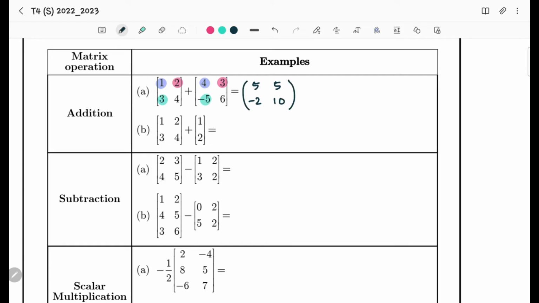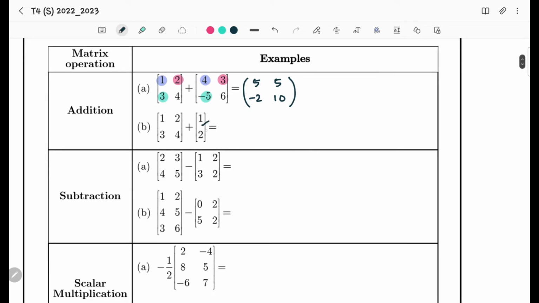So that's the answer. For B, as you can see here, this is a 2 by 2 matrix, and this one, 1 2, is a 2 by 1 matrix. So they are not of the same order, hence you cannot add them up. They are incompatible.